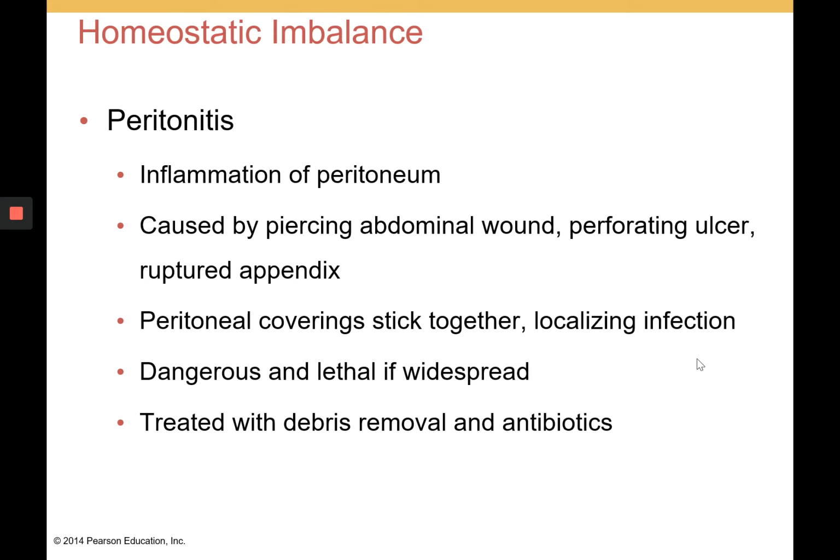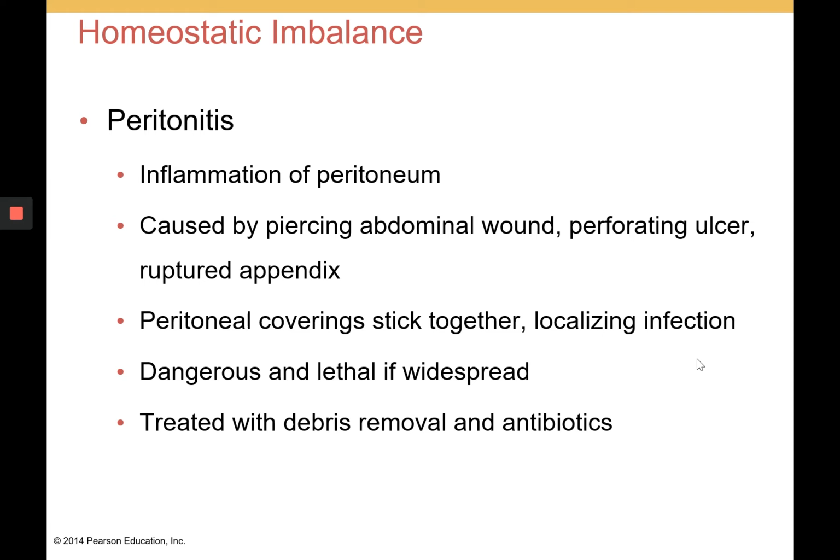Peritonitis is inflammation of the peritoneum. It's caused by piercing abdominal wounds. It could be a perforating ulcer or ruptured appendix, something that has damaged the peritoneum. It causes the peritoneal coverings to stick together as that fluid that lubricates the two layers of the peritoneum seeps out from the peritoneal cavity.